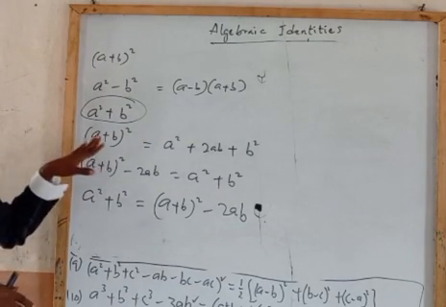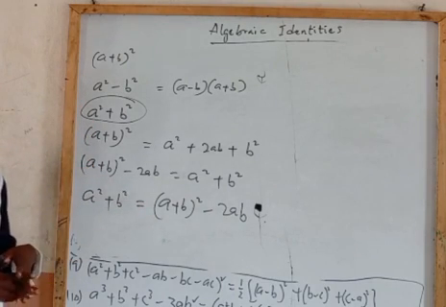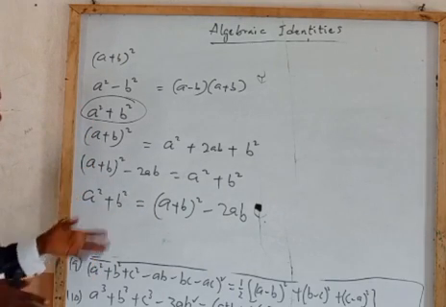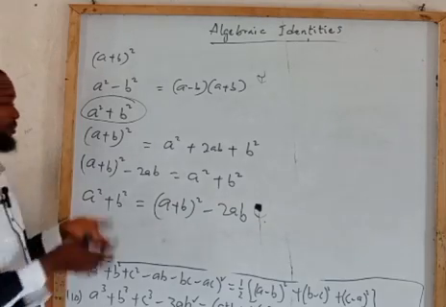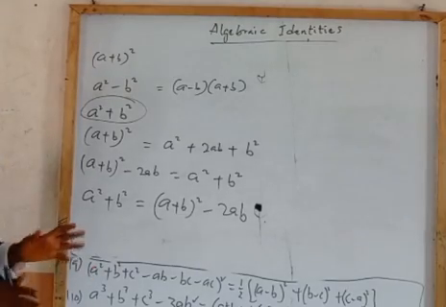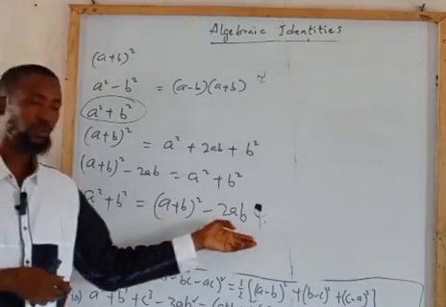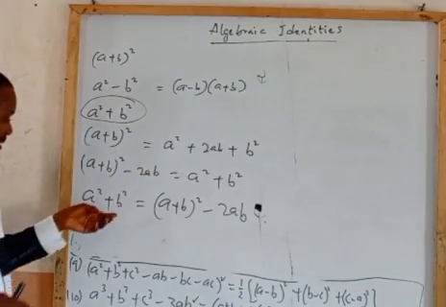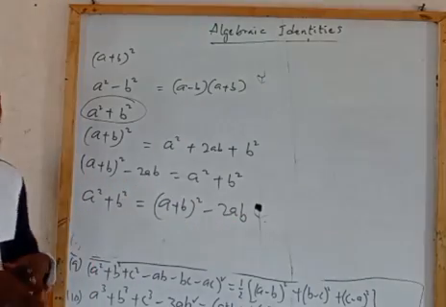While for this one, the identity will follow the procedure I explained in order to determine such an identity. Or if we can easily memorize it, there's no problem, so there will be no point going through this stress. The most important thing is we just need to know that a squared plus b squared is equal to this. This is the identity for this. That is, the equivalent of this is (a plus b) squared minus 2ab.